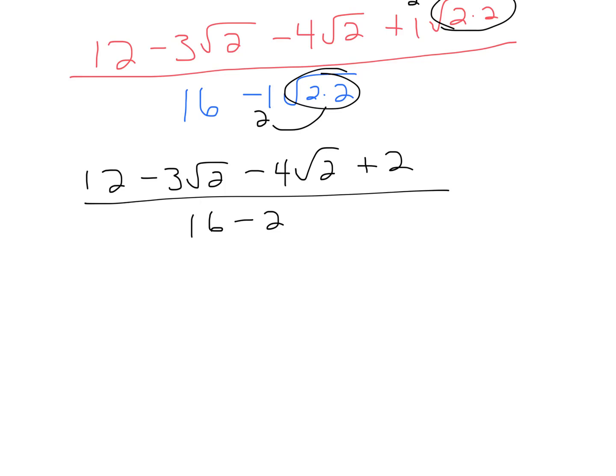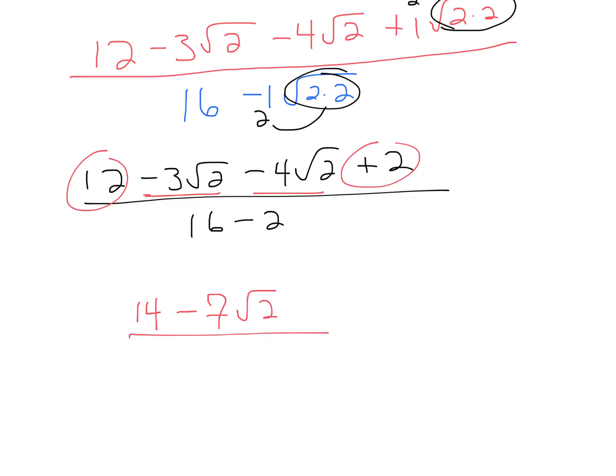Now, let's combine like terms. So 12 plus 2 is 14. Negative 3 radical 2 minus 4 radical 2 is negative 7 radical 2 over, and this drops to 14.